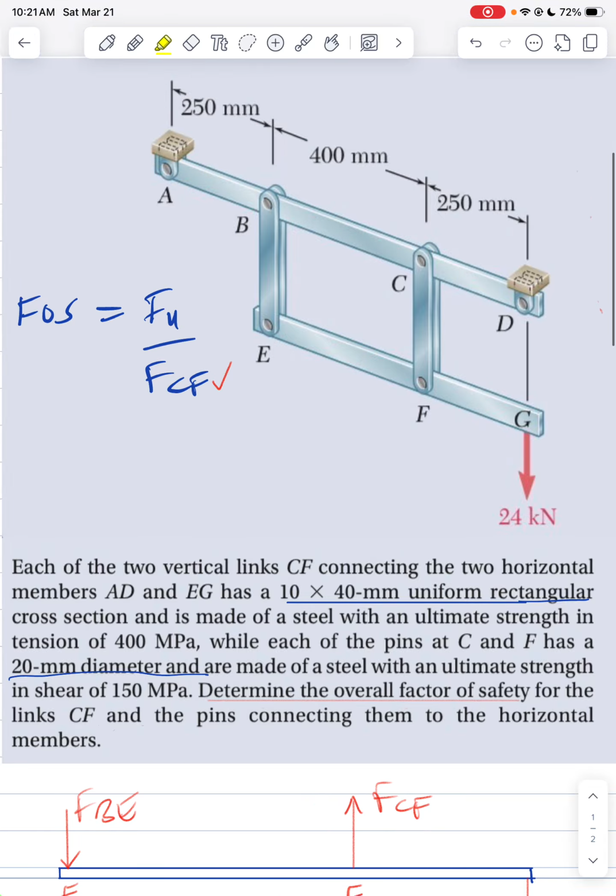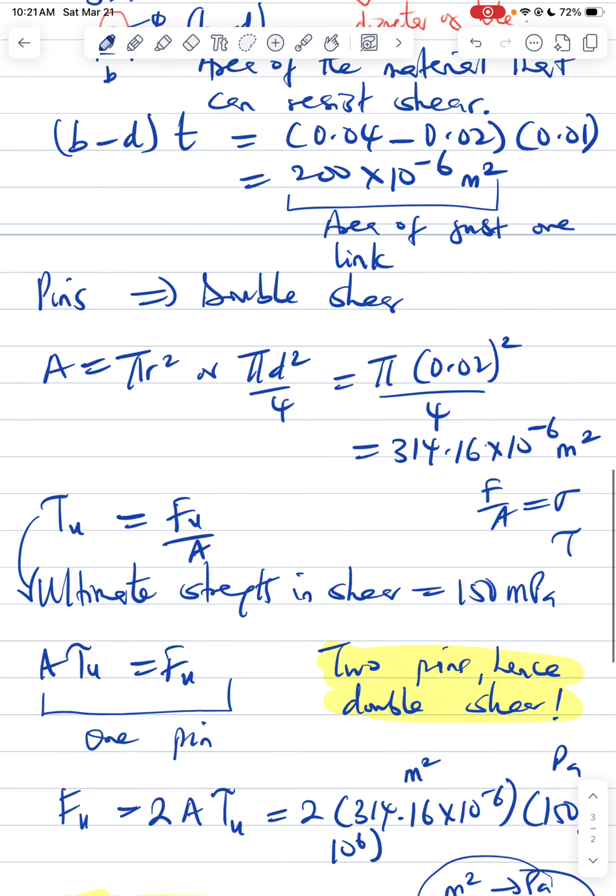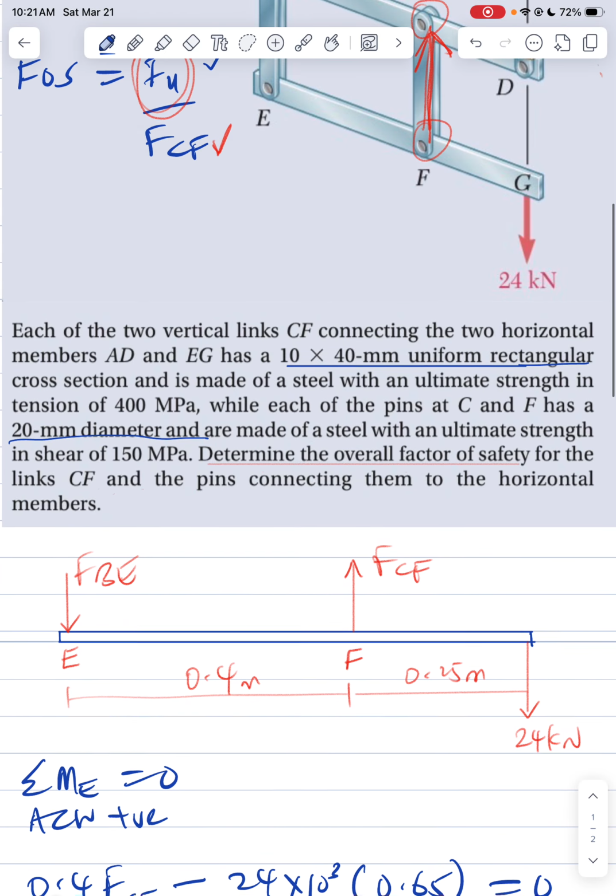From the problem, we have the force acting at this point, and the overall force this component can withstand is FU. So if we have this, we can then compute our factor of safety.